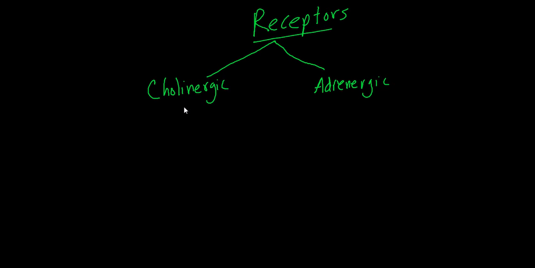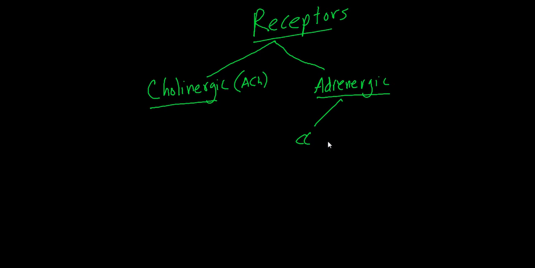Well, cholinergic is going to deal with acetylcholine, ACh. Acetylcholine is a neurotransmitter. I have an excellent video on how acetylcholine is synthesized. Botulism toxin deals with acetylcholine, but that doesn't matter because we're just talking about cholinergic versus adrenergic. Adrenergic is going to be broken down into some different types.